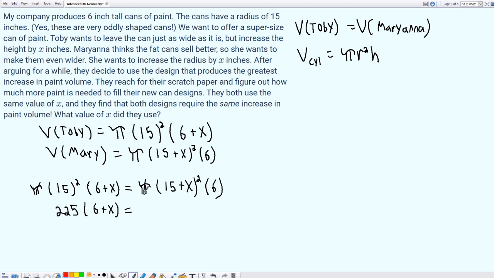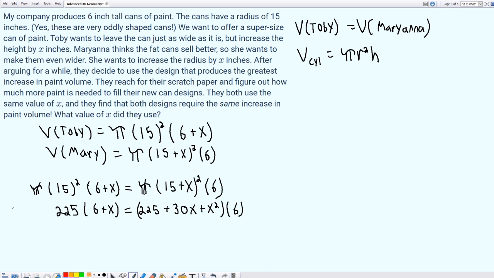It's a binomial squared, so make sure you expand it correctly. You do 15 squared, 225, plus 15 times x times 2 is 30x, plus x squared, and we're going to multiply that by 6.